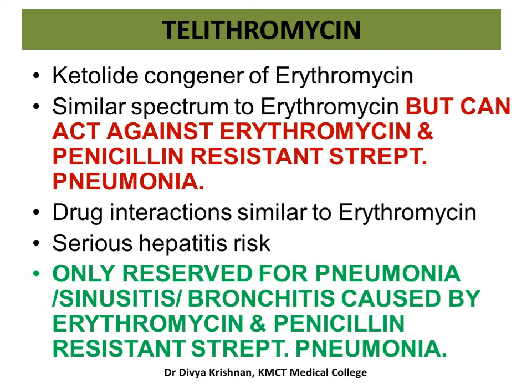Because of these last 2 points, that is the drug interactions and the serious hepatitis risk, it is a reserved drug for pneumonia, sinusitis, bronchitis caused by erythromycin and penicillin resistant streptococcus pneumoniae. So this is only a reserved drug for resistant bacteria.